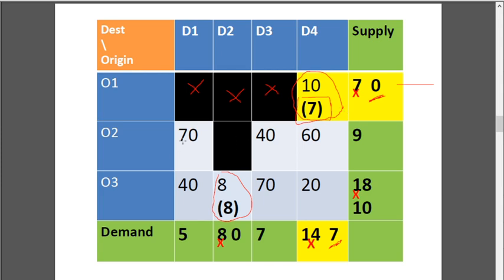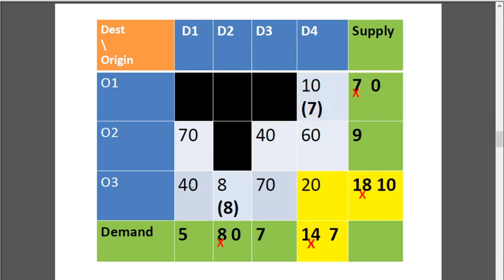Now from these unprocessed cells, 70, 40, 60, 20, 70 and 20, the least cost is 40, and again here it is 40. So you can either select this cell or this cell, left to you, the solution won't change. Either select this or this because both have the next least cost.